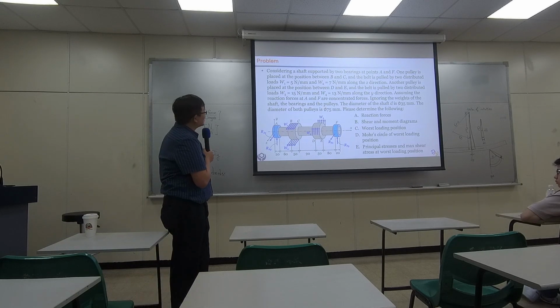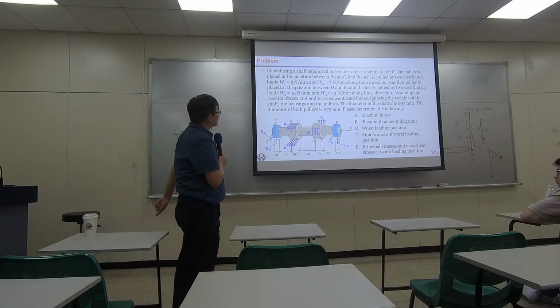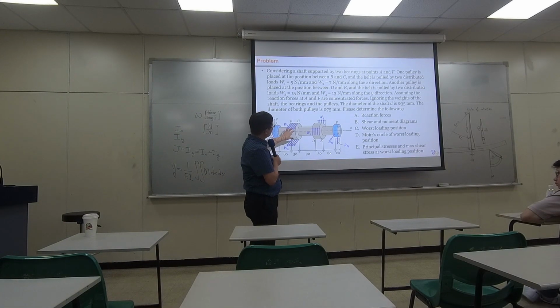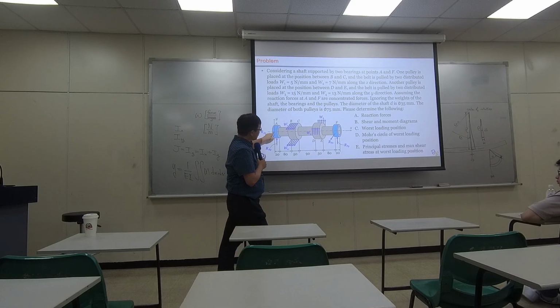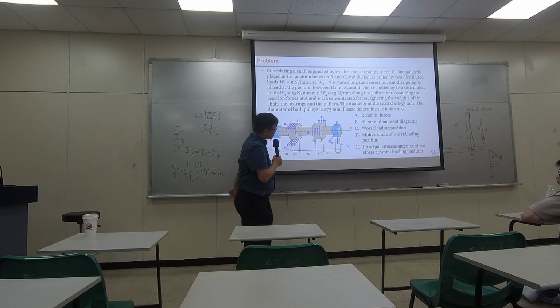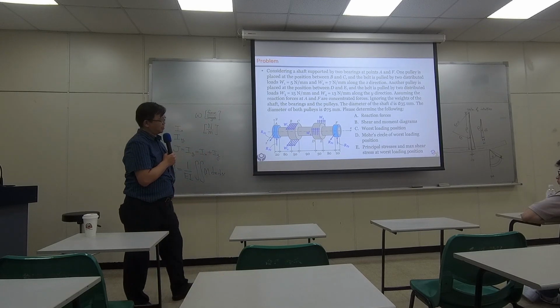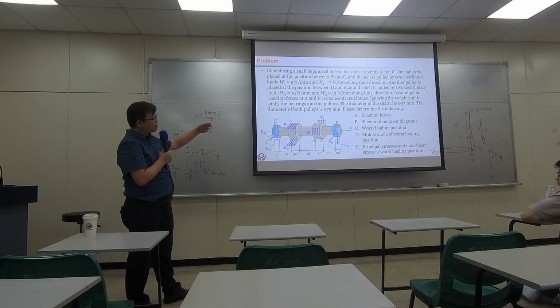So what's going on? There's a shaft, and it's carrying two pulleys, and there are belts pulling from both sides, and this particular pulley is pulling up, and these two blue ones are bearings. Okay, so this shaft could be rotating or not.